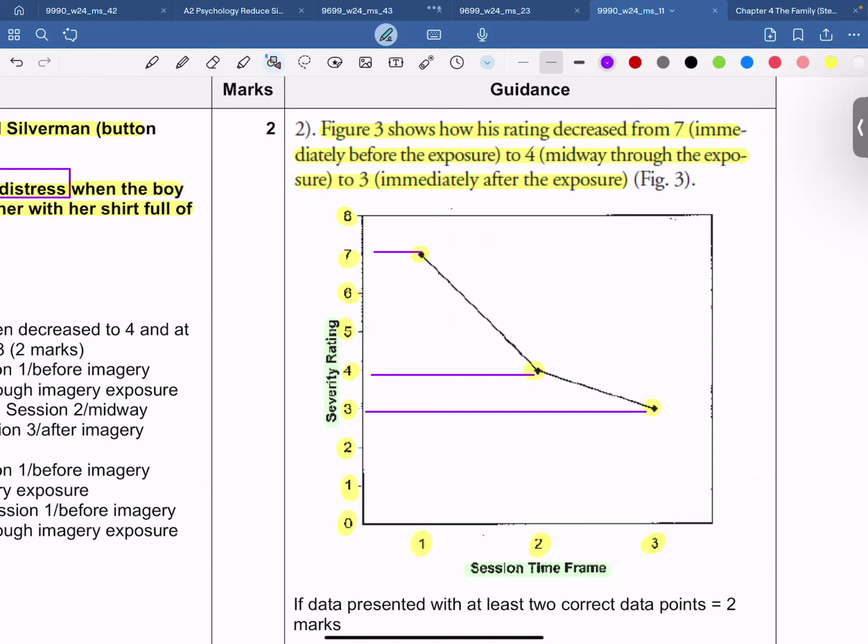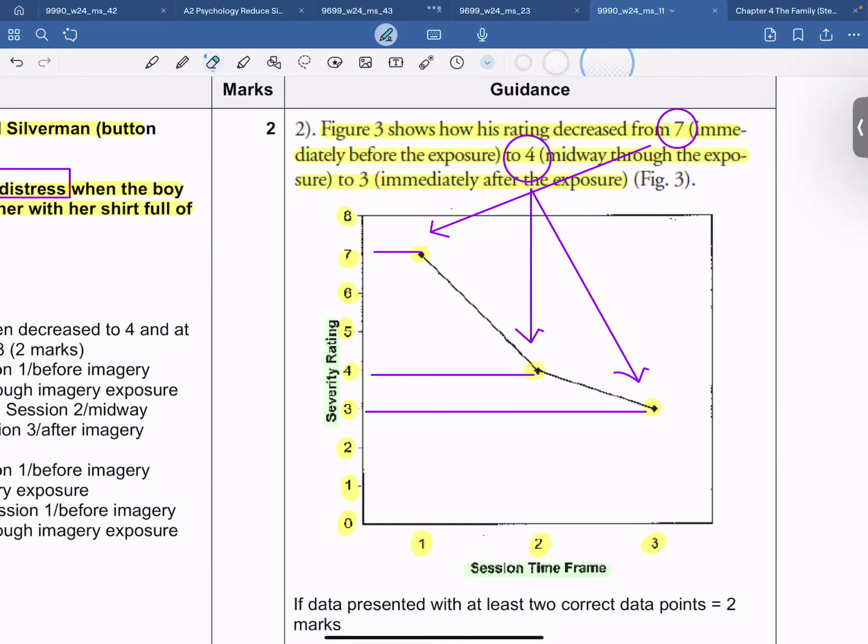Figure 3 shows how his rating decreased from 7, that is immediately before the exposure, to 4, that is midway through the exposure, to 3, that is immediately after the exposure. This is just to help you understand.